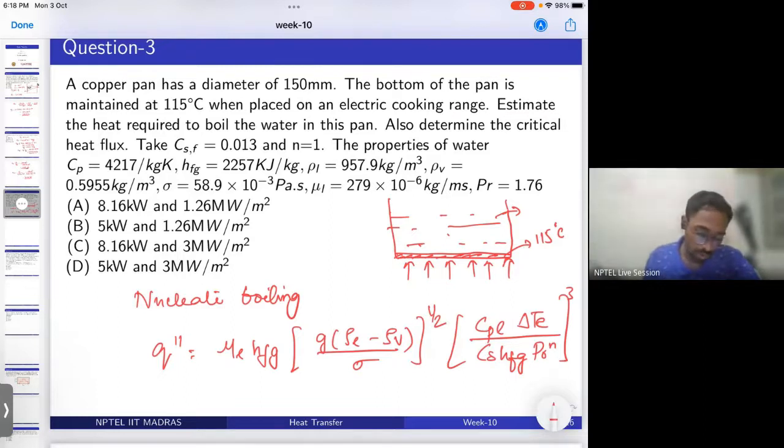Then rho L is the density of the liquid, rho V is the density of vapor, sigma is the surface tension, Cp L is the specific heat of liquid. Then delta T is the degree of superheat.